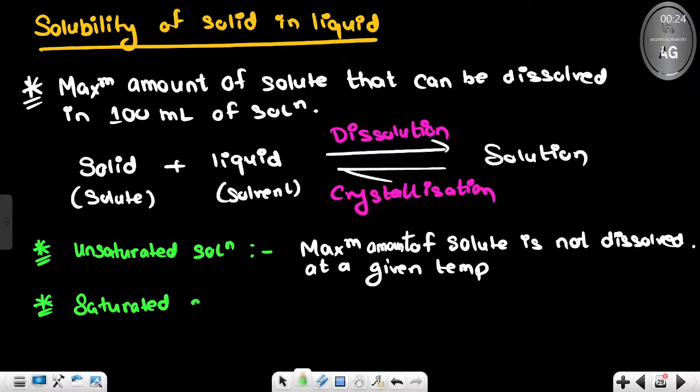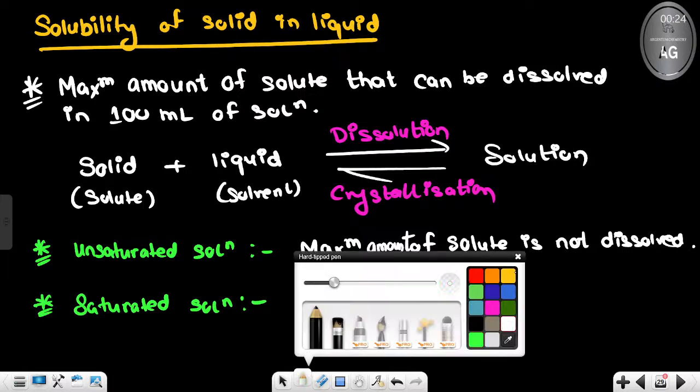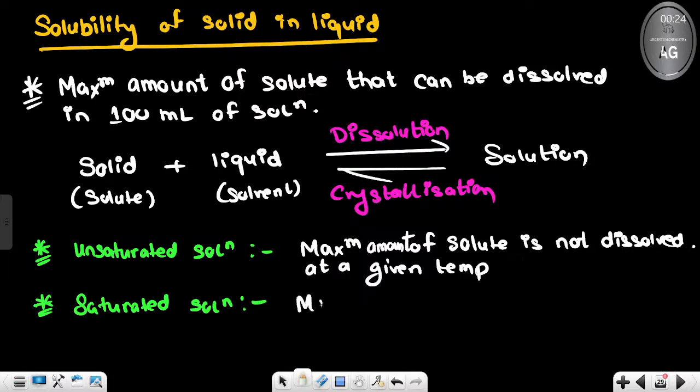If the maximum amount of solute is dissolved at a particular temperature, then we will call it a saturated solution.